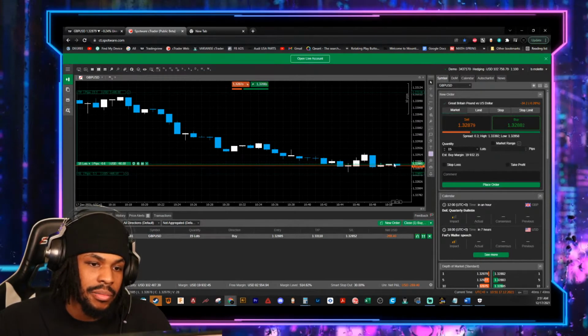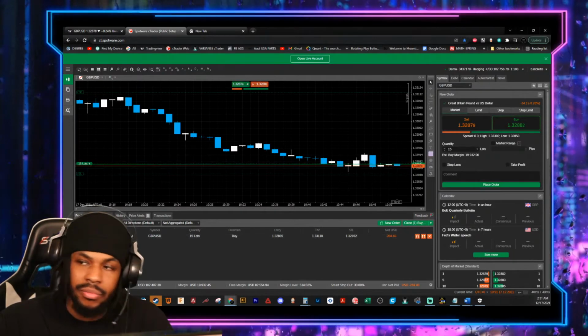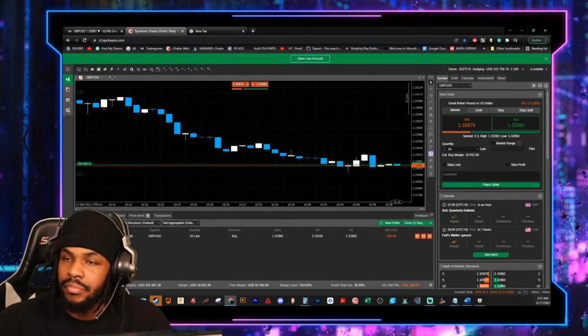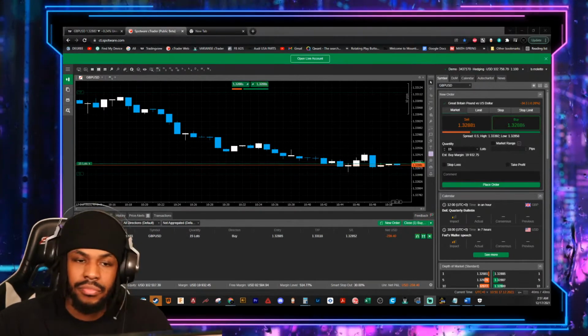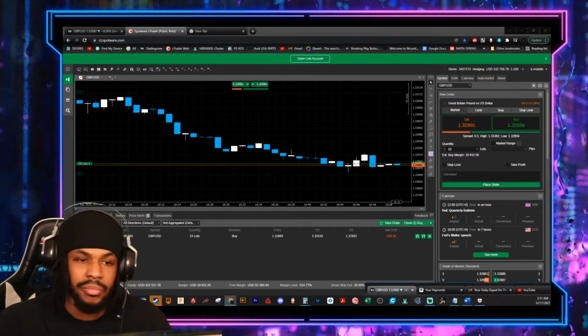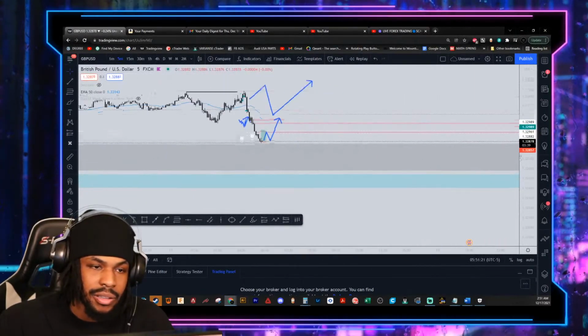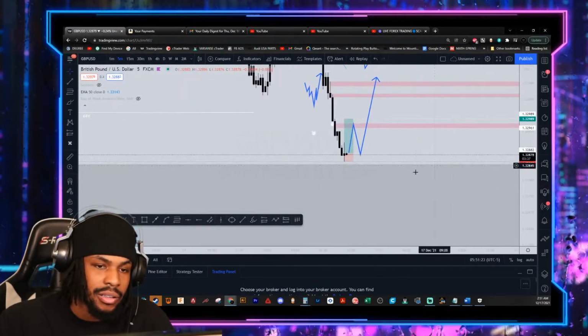Alright, I want to see price not break this low. Alright, let's look at this on TradingView because that looks messy. Okay.